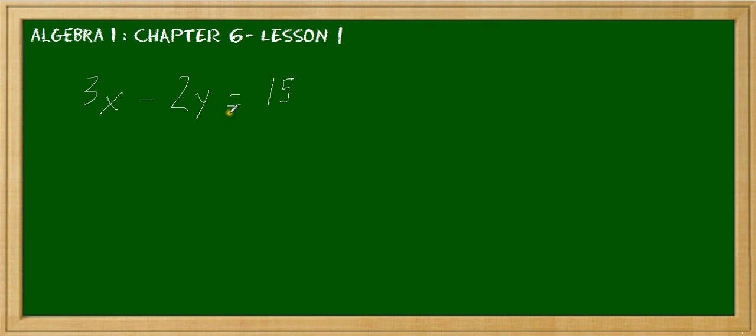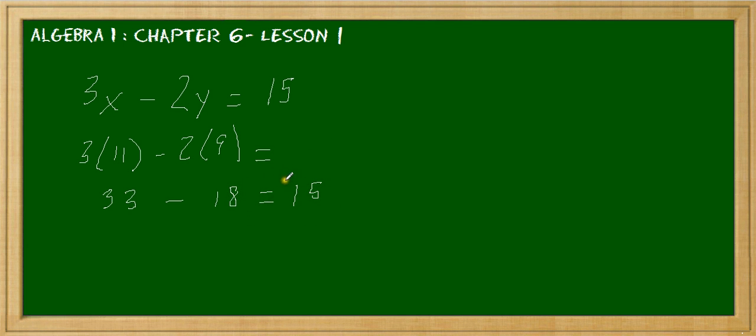The numbers named in the cartoon will work, because when you do the multiplication here, you'll see if x is 11 and y is 9, well, is it true? It equals 33 minus 18, and that is actually equal to 15.